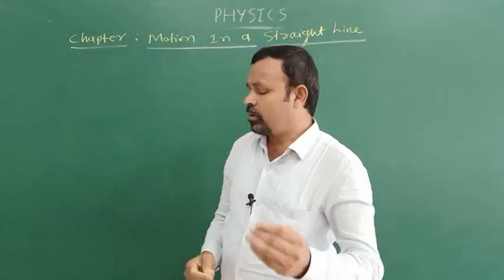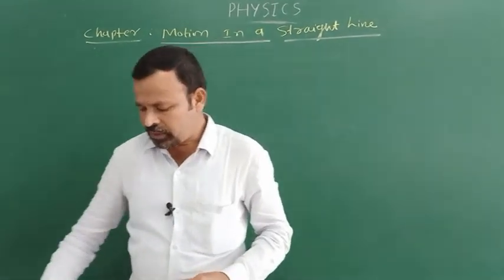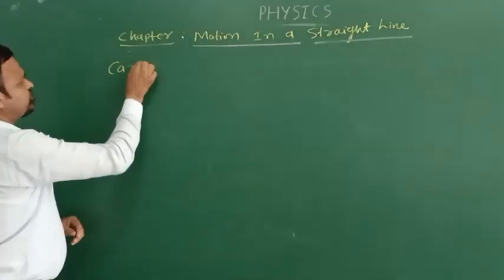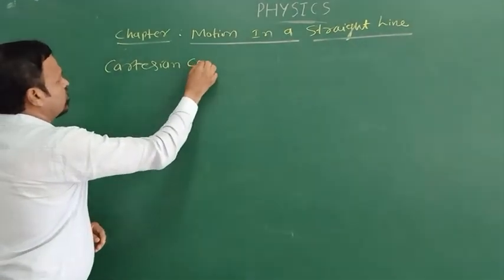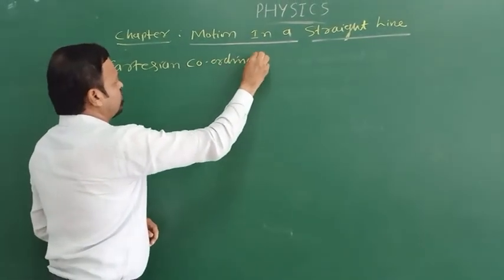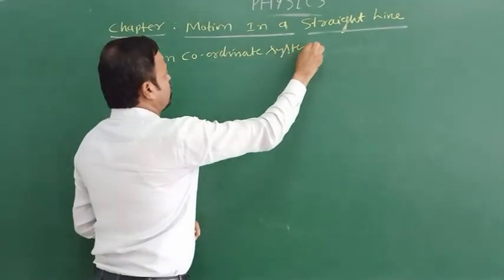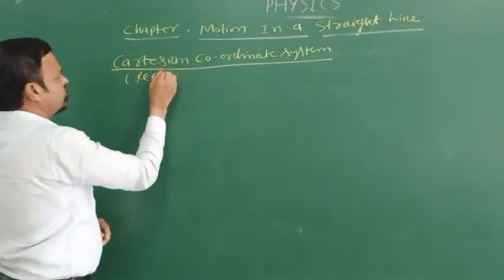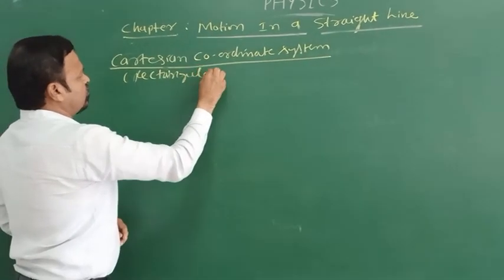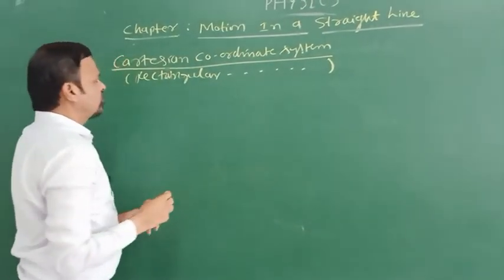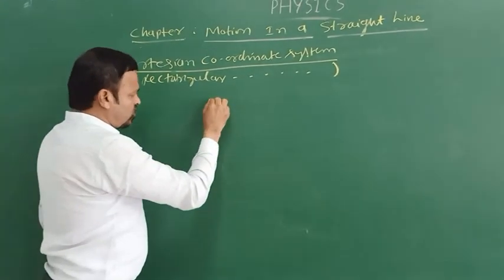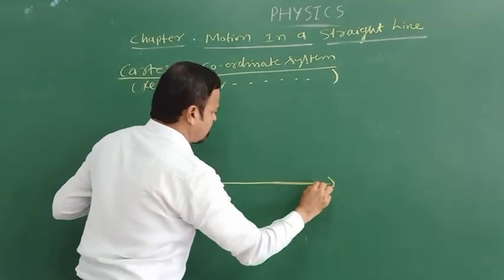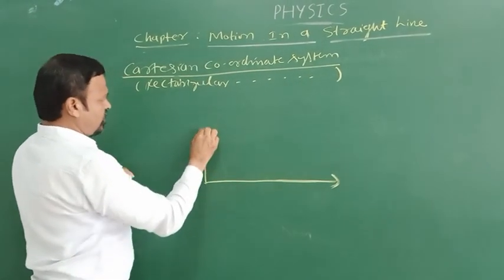In order to understand rest and motion, one system is required called Cartesian coordinate system. This is also called rectangular coordinate system. It consists of two axes like this. One is along this direction, another one is vertical like this.